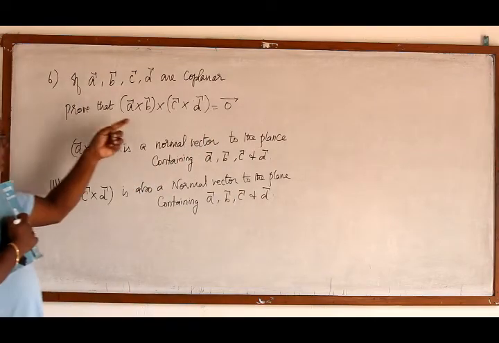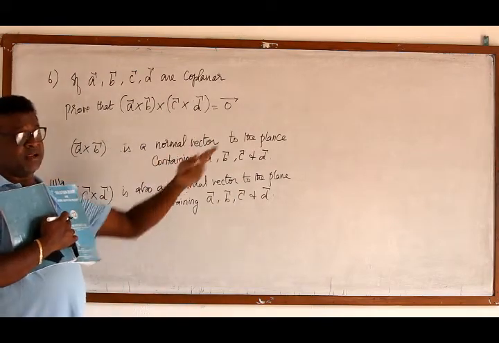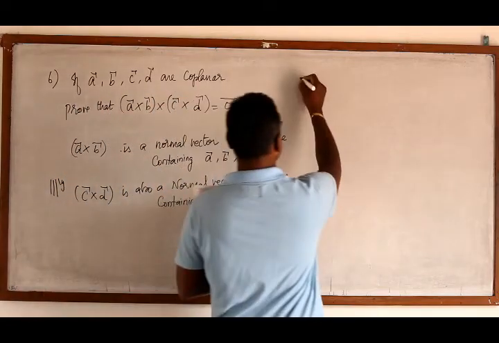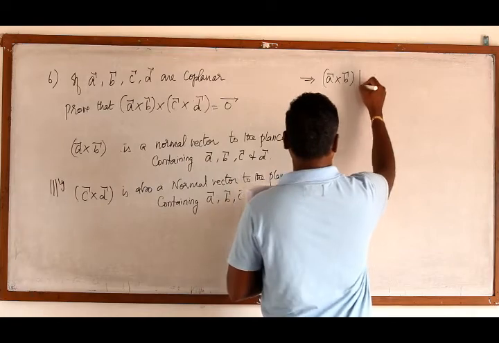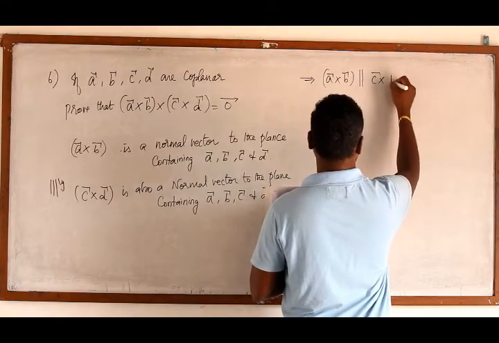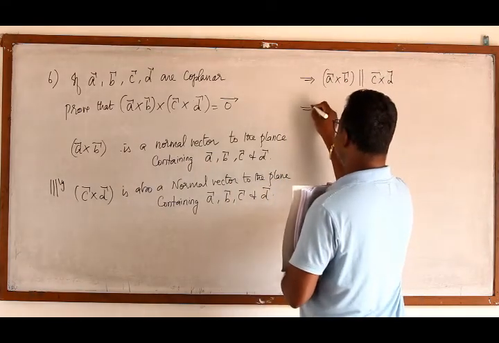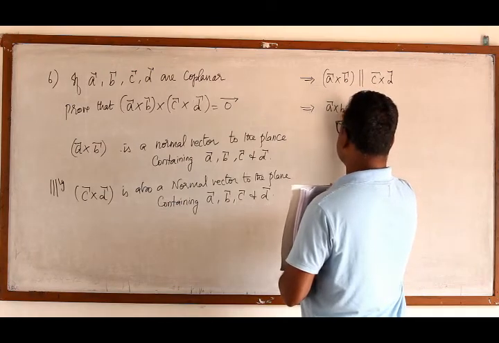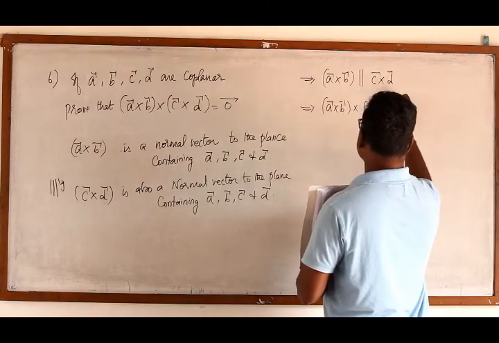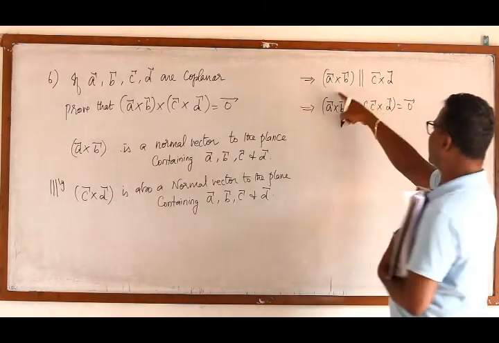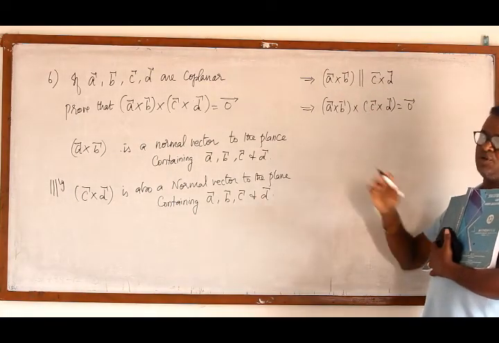That means A cross B and C cross D are parallel vectors. Then this implies (A cross B) cross (C cross D) is the 0 vector, since the cross product of parallel vectors is 0.